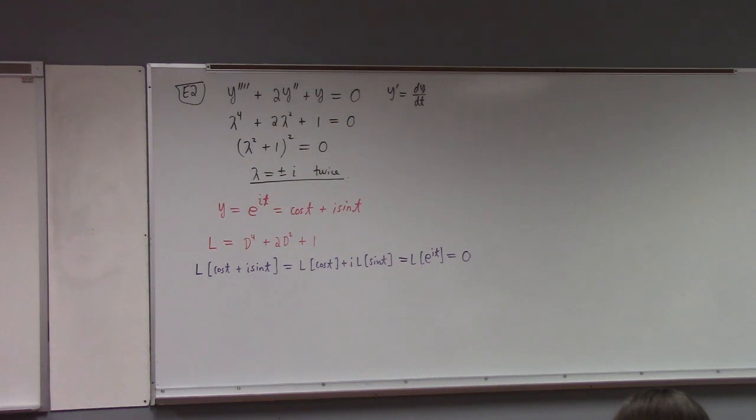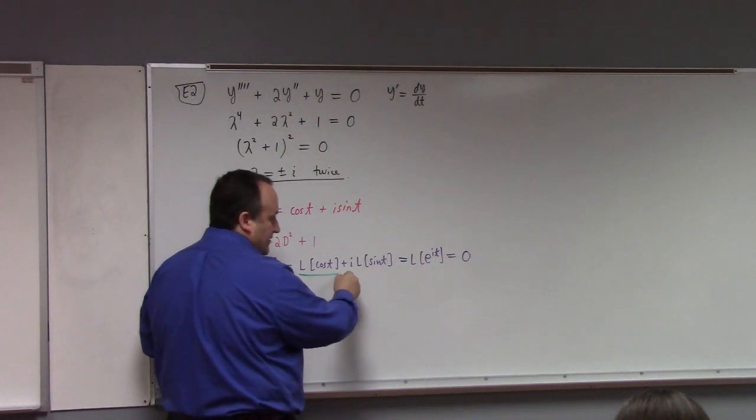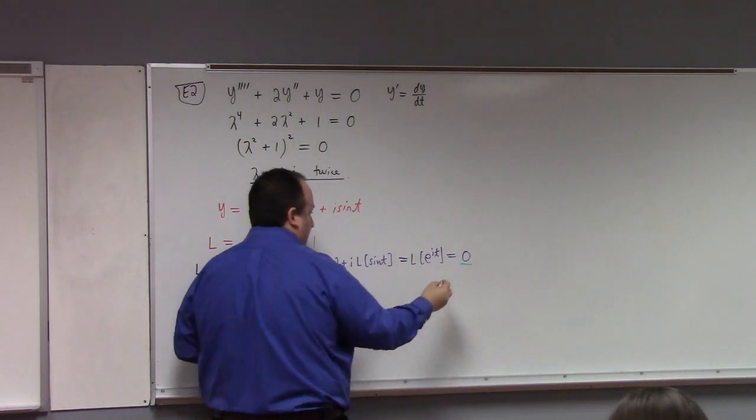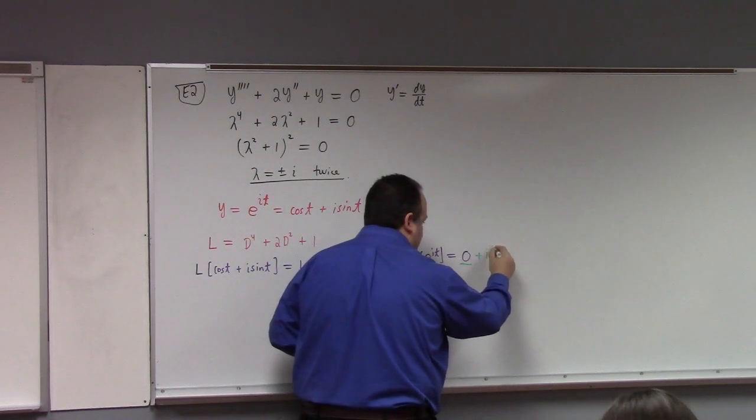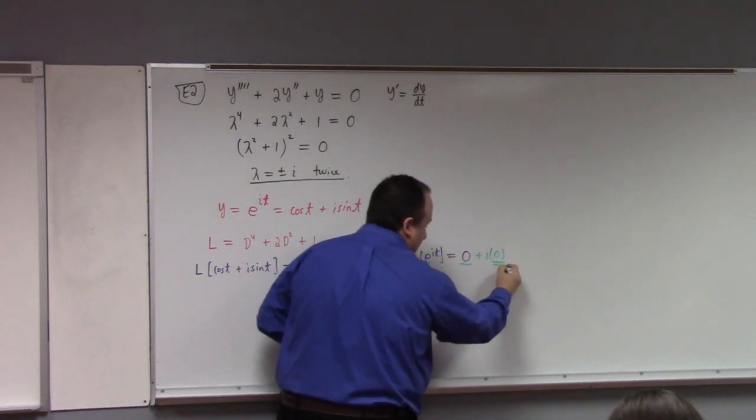So what does that say about cosine and sine separately? Notice that L is a real differential operator, right? So this is a complex equation. It gives you 2 real equations, namely that this has to be equal to that. And if you use your imagination, you can see there's plus i times 0 over here, right? And this must be equal to that.